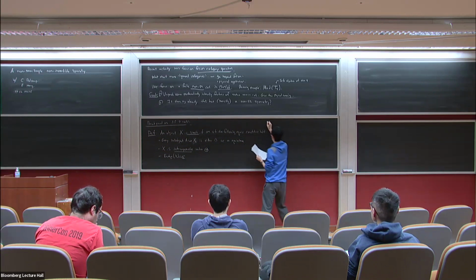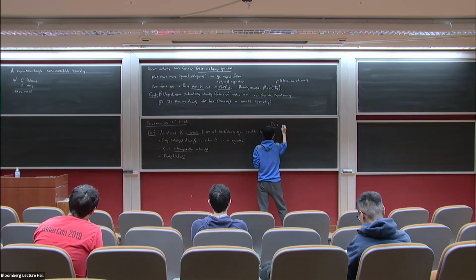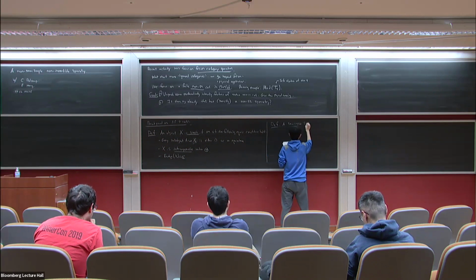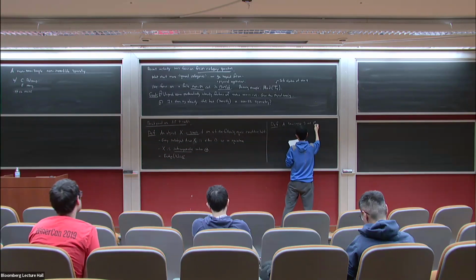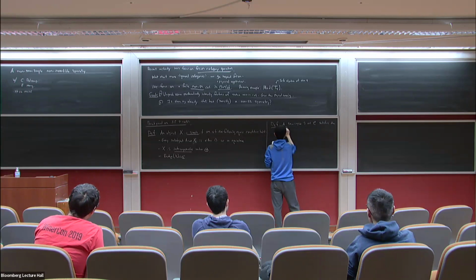Actually, I have a lot of space here. So, right, definition: a semi-simple 1-category C satisfies the following.